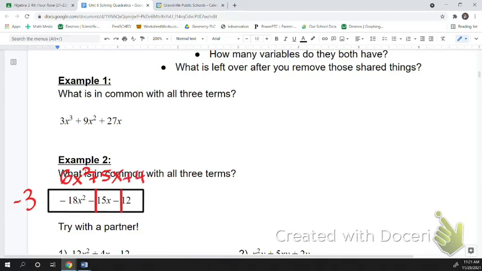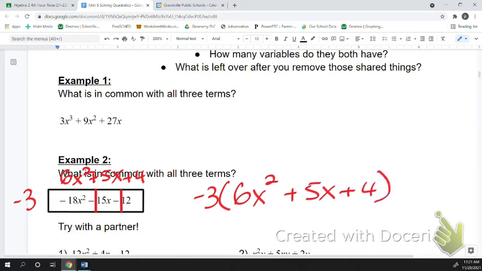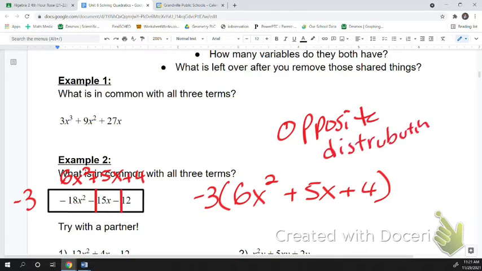Plus 4. So we could write this out with parentheses: 6x squared plus 5x plus 4. Again, you're doing the opposite of distributing. Any questions?